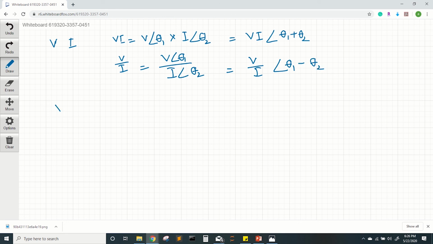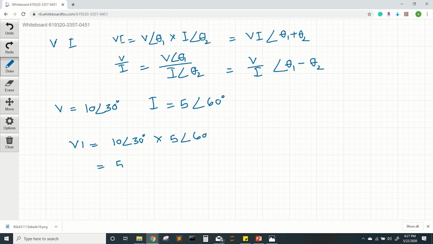If we want to see one example, suppose V is 10 at 30 degrees and I is 5 at 60 degrees. Then VI would be 10 at 30 degrees times 5 at 60 degrees, so we get 50 at 30 plus 60, which is 90 degrees.